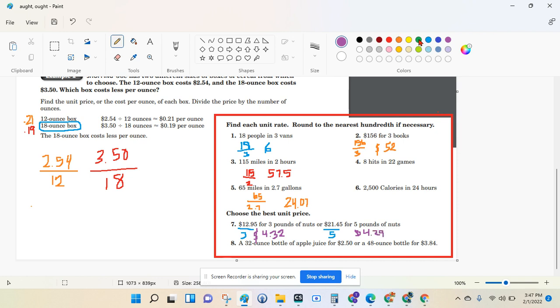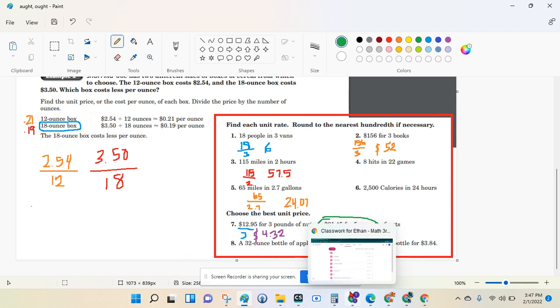Which one would be giving us the better deal? The bigger quantity here is giving us the better deal. Okay, so that's how you would do these types of problems to find out what the rate is.